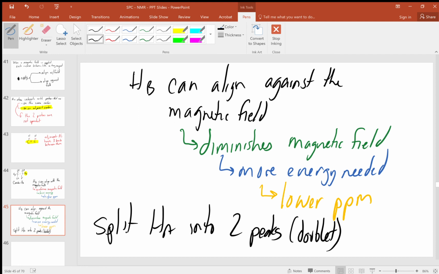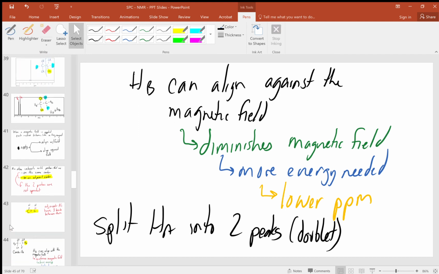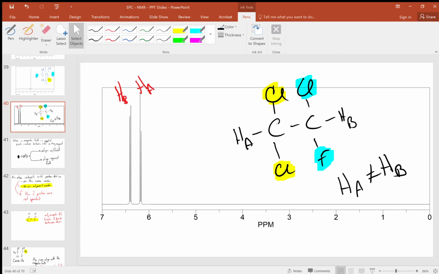And so if we now go back up to that spectrum, again we're looking at HA. HB aligns with the magnetic field. Less energy is needed. We get HA peak at higher chemical shift.